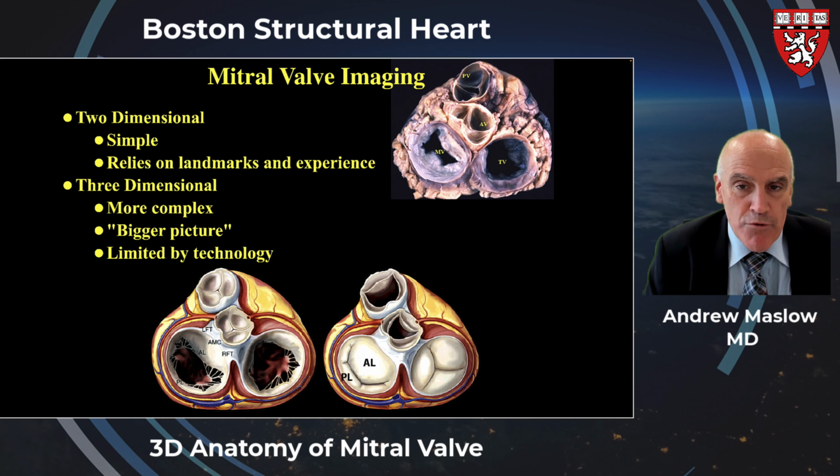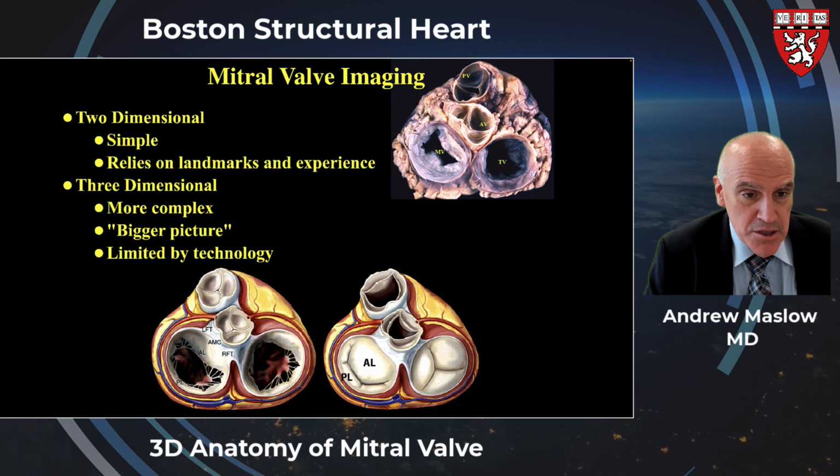Mitral imaging, for the most part, relies mostly on 2-dimensional imaging. Good 2-dimensional imaging is the cornerstone of mitral valve assessment. In fact, 3-dimensional imaging is probably not going to be as good if your 2-dimensional imaging is not optimized. 2-dimensional imaging, however, is relatively simple, relies on landmarks and experience, and also, as we'll see in the study, the operator is the one who's most knowledgeable of what is being imaged.